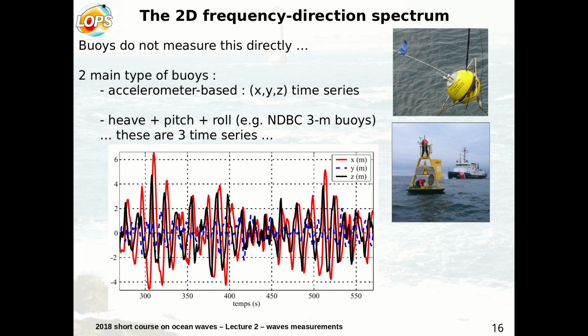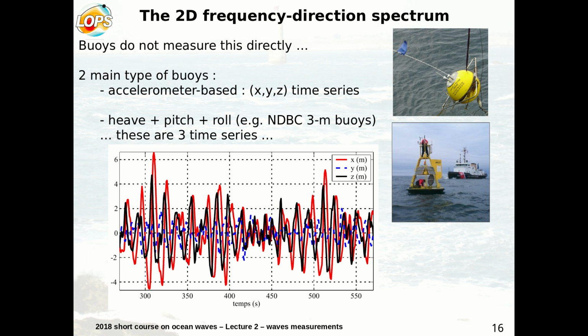So if it's doing that, the maximum of z is happening before the maximum of x, okay? Which is exactly here. So that's one possibility. The other possibility is the wave goes like this. So the maximum of z would be after the maximum of x, so it would be negative here. In that case, the wave will be propagating the other way. So because it's like this, we know the waves go in that direction.